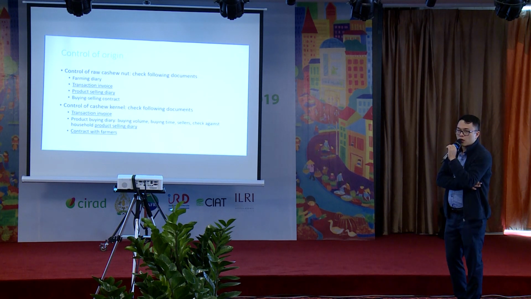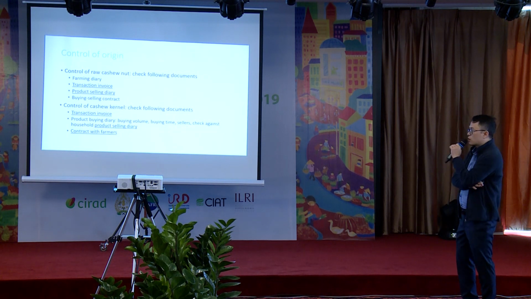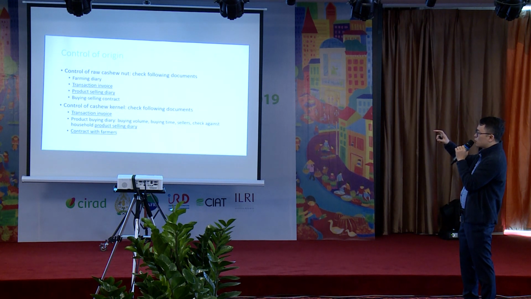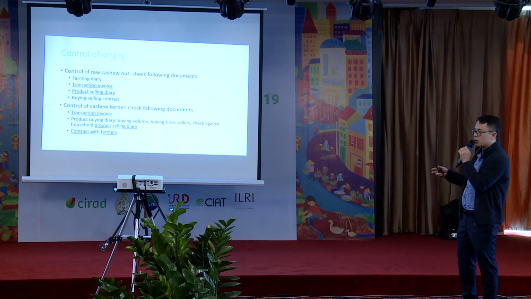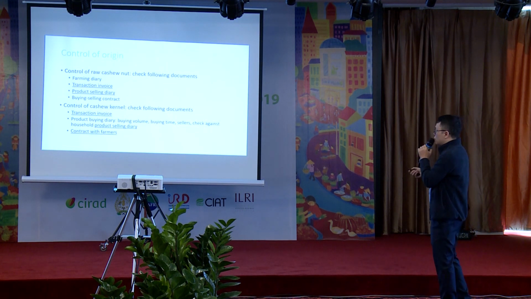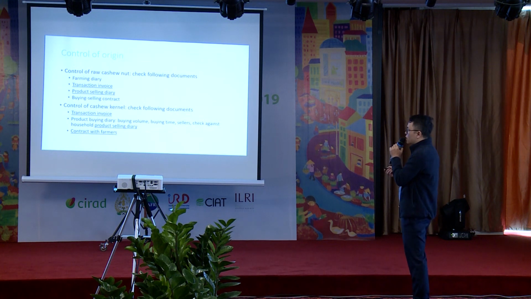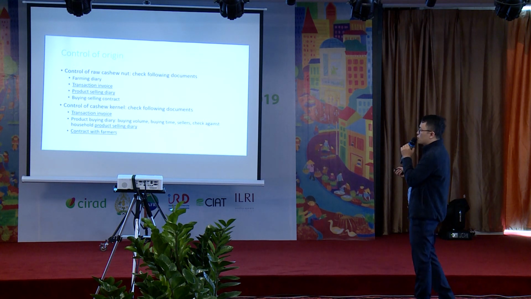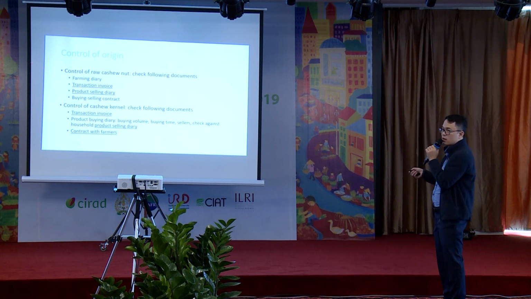So for the control of origin, this is one of the most important ones. Actually, we control two types of product. The first one is cashew nut, and the other one is cashew kernel, or the salted cashew kernels. To check the origins, the farmer has to keep these documents on their farm. The first one is the farming diary, I mentioned already. The second one is the transaction invoice.